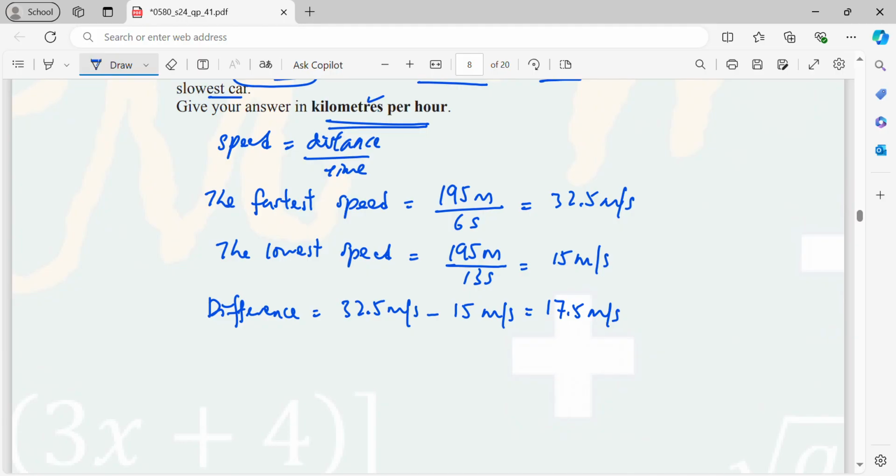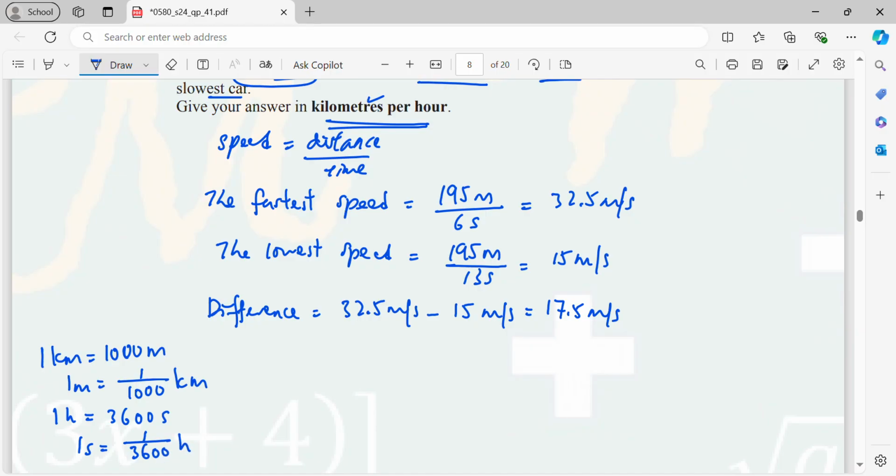Okay, now here we should understand that 1 kilometer is 1000 meters. Alright, so 1 meter will be 1 over 1000 kilometers. Now, 1 hour is 3600 seconds. So if you need to change the seconds into hours, 1 second will be 1 over 3600 hour.